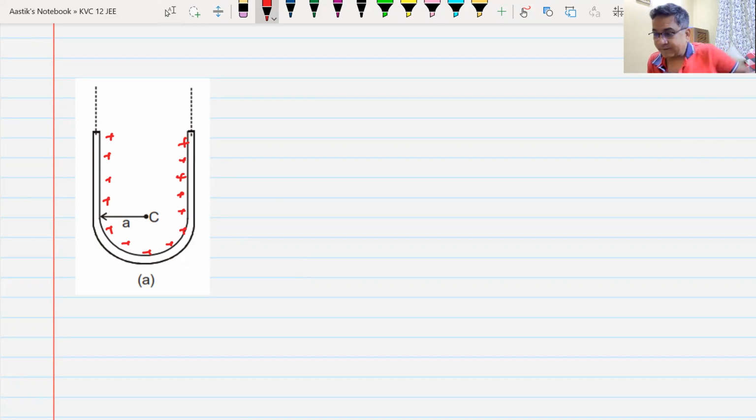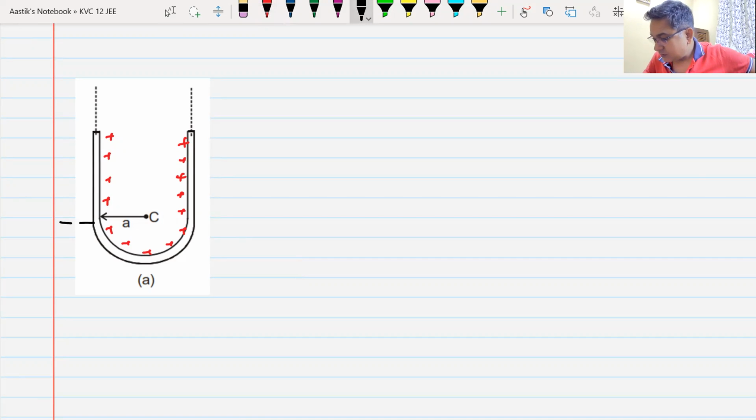Lambda by 2 pi epsilon naught r. And the answer is 0. It is again 0. How did I get 0 again?